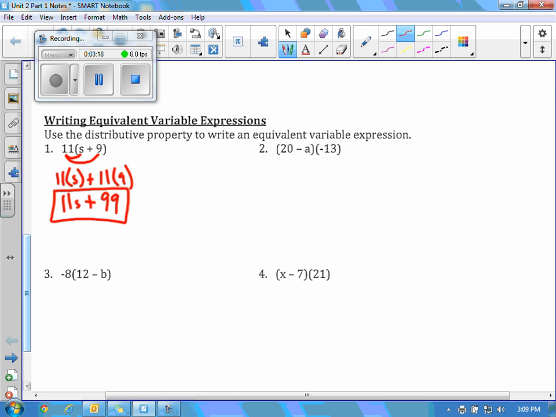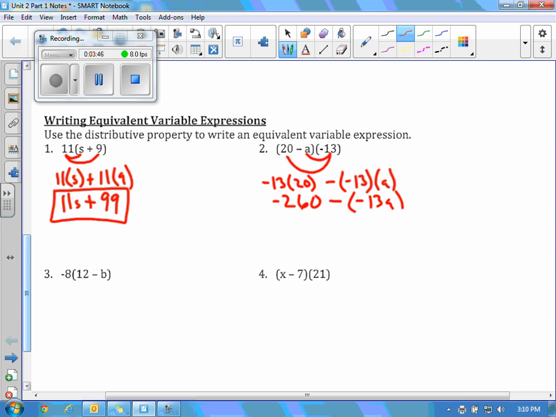If you look at number 2, my number outside the parentheses comes after the parentheses this time. So I'm going to have negative 13 times 20 minus negative 13 times a. Negative 13 times 20 is going to give me negative 260. I have subtraction, and then negative 13 times a is going to give me negative 13a.